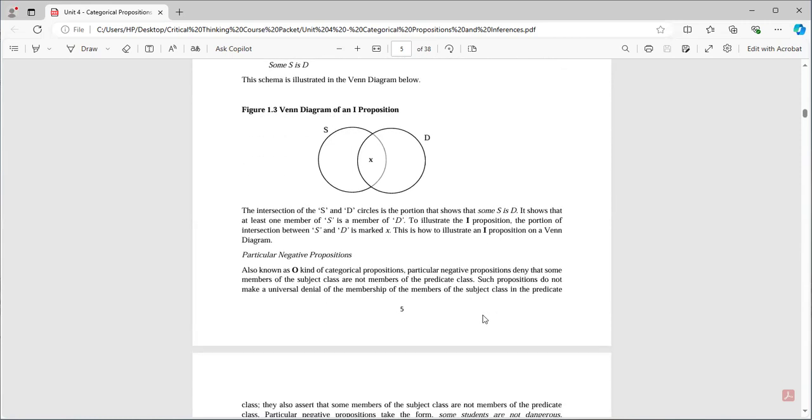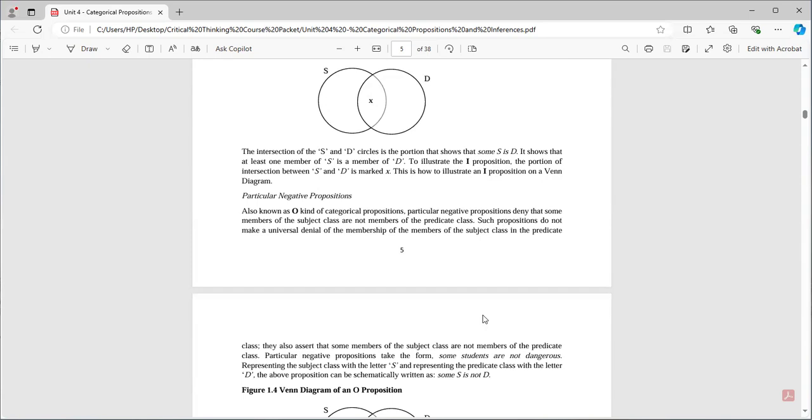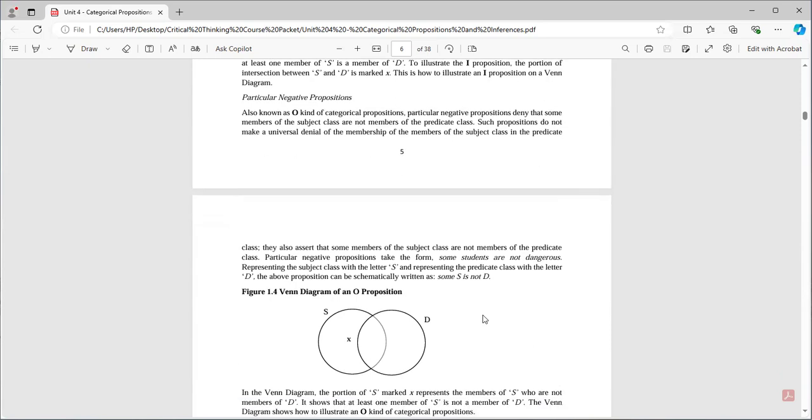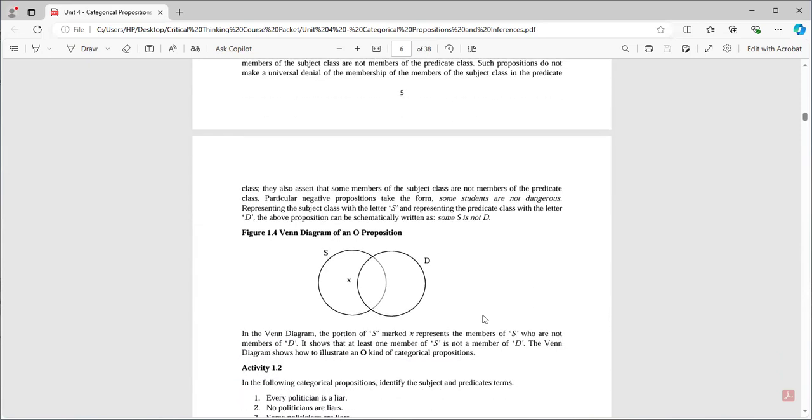And then we have some students are not dangerous. Some S is not D. So we have our diagram, label it S and D. We said some members of S are not members of D, that's where we do not have an intersection.